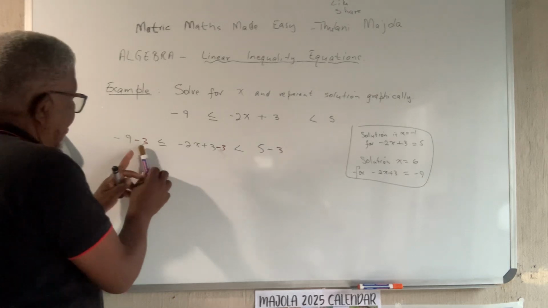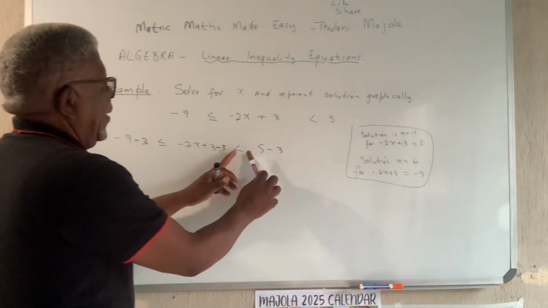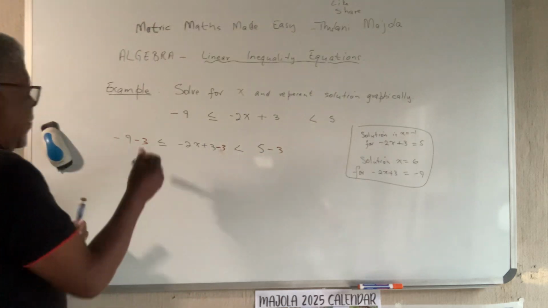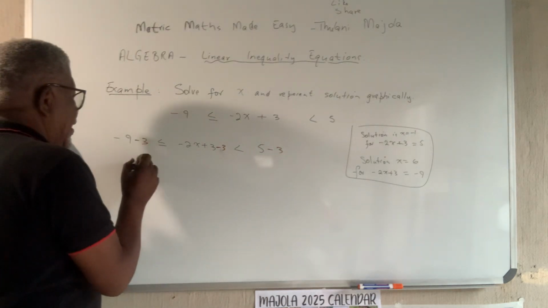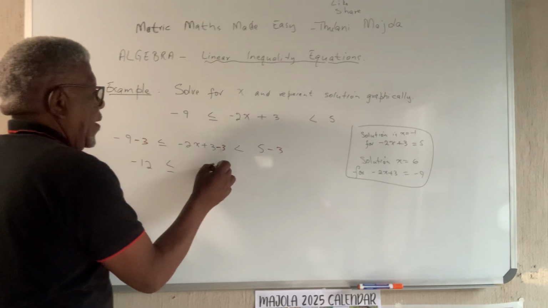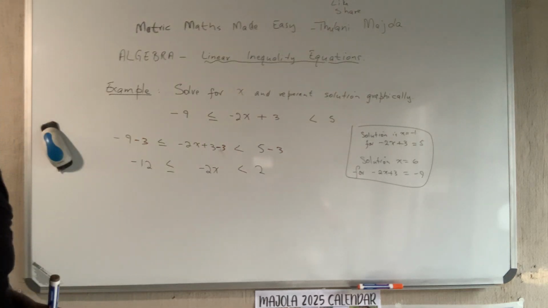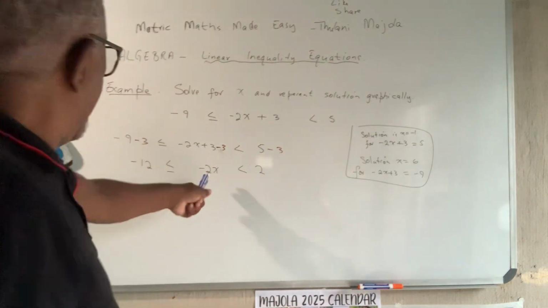So negative 9 minus 3, less than or equal to negative 2x plus 3 minus 3, less than 5 minus 3. What you end up with is negative 12 less than or equal to negative 2x less than 2. Remember, we want to isolate x.